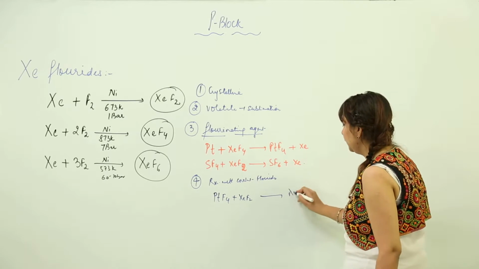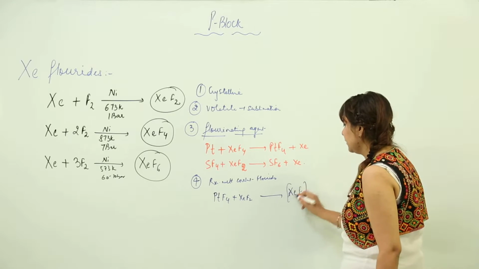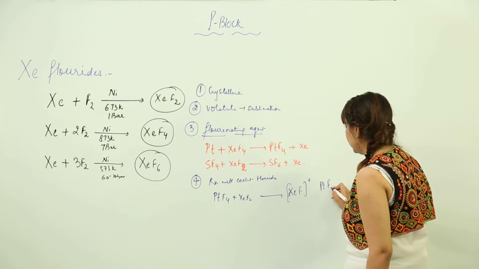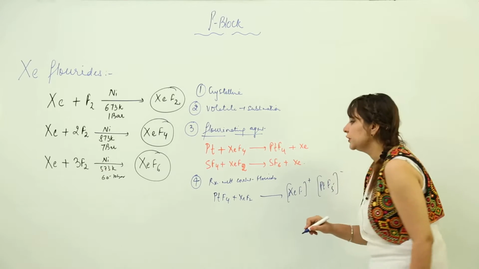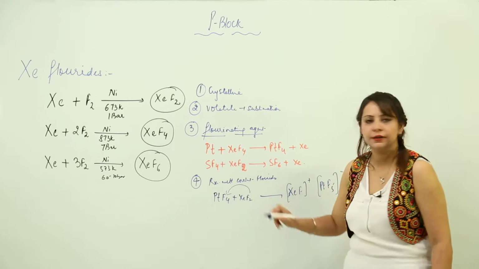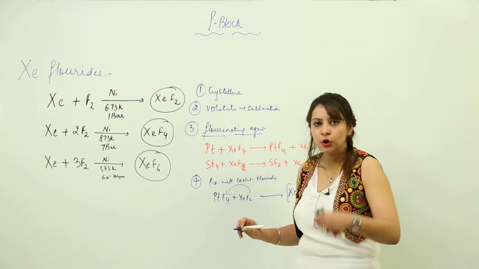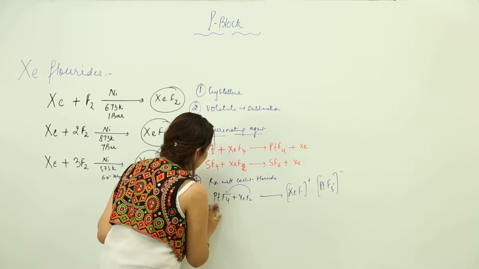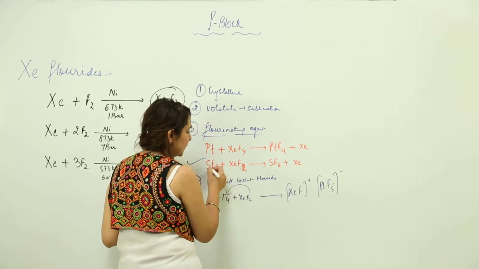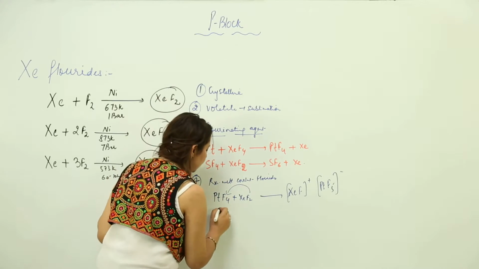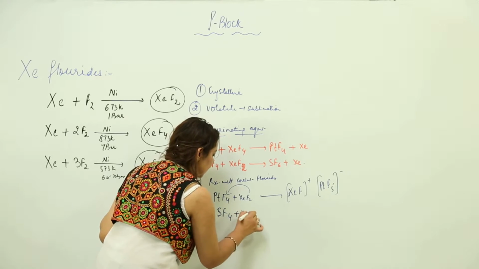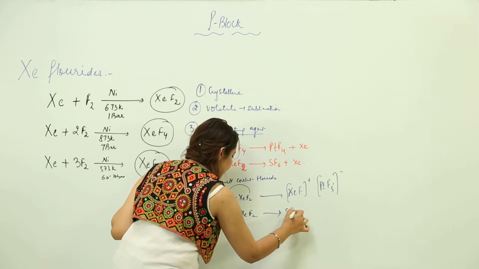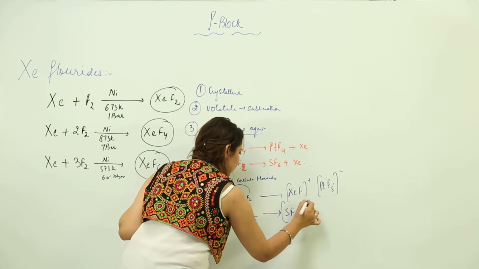So it becomes XeF positive and PtF5 negative. You have seen that it is donating one of its fluorines, or you can say it acts as an oxidizing agent. Likewise, with SF4, it donates only one fluorine in one step, so it becomes SF5 negative.